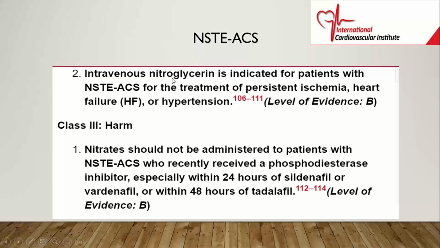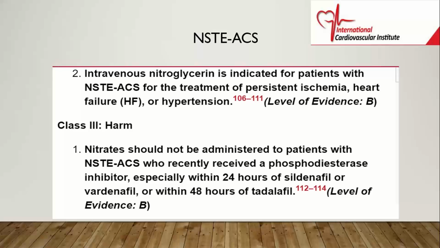All right. Especially if they're hypertensive, or if there's heart failure. So blood pressure 220 over 110, you reach for it, because the intravenous nitroglycerin can lower the blood pressure gradually and take care of the ischemic chest pain as well.